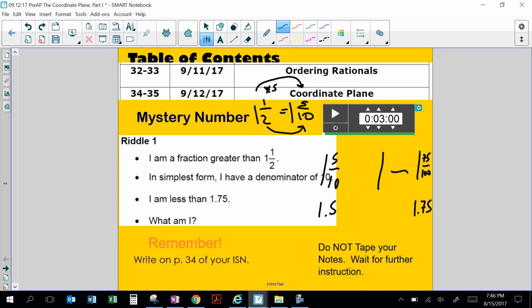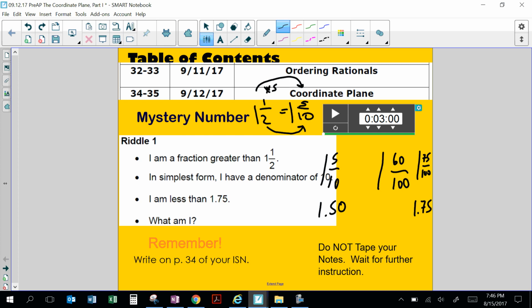So what is a good alternative for this one? If this is 1 and 5 tenths or 1 and 50 hundredths, well, give me a number. Let's try 1 and 60 hundredths. If I simplify it, will I have a denominator of 10?